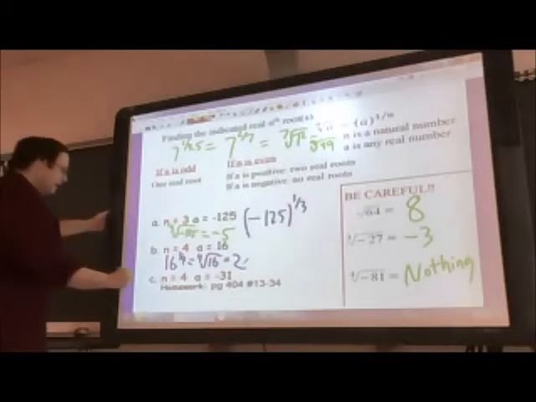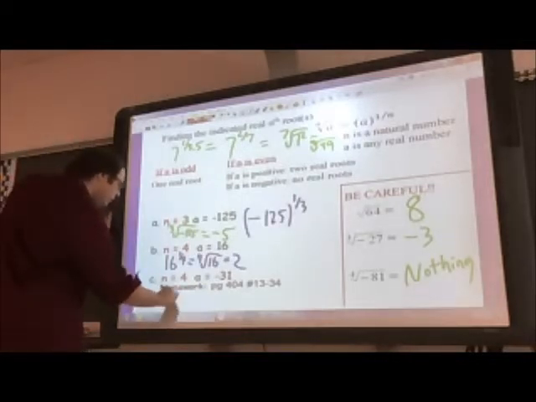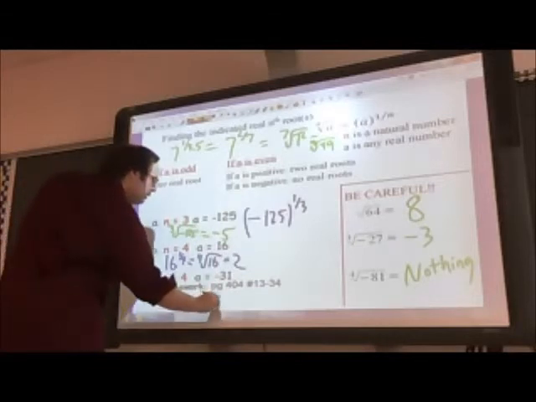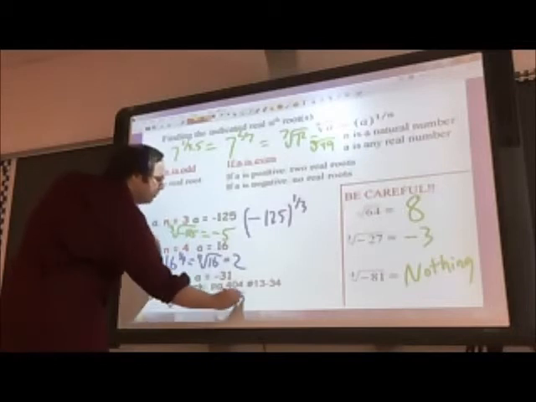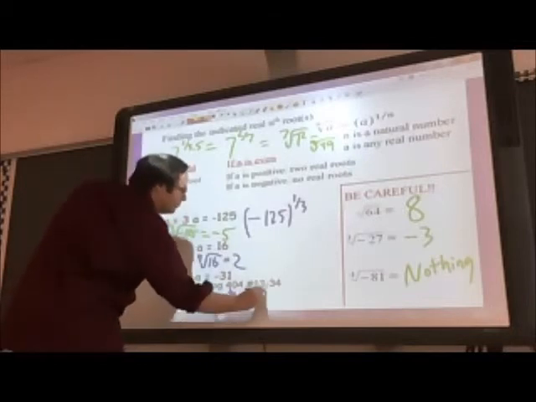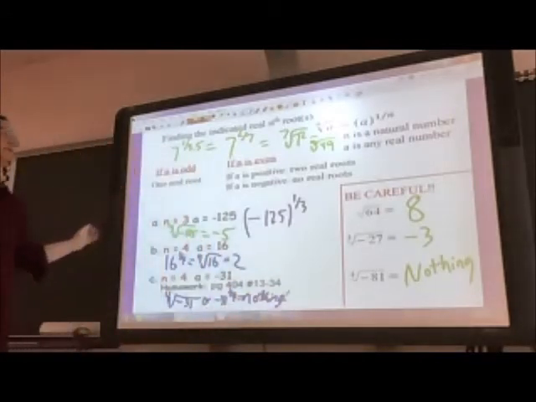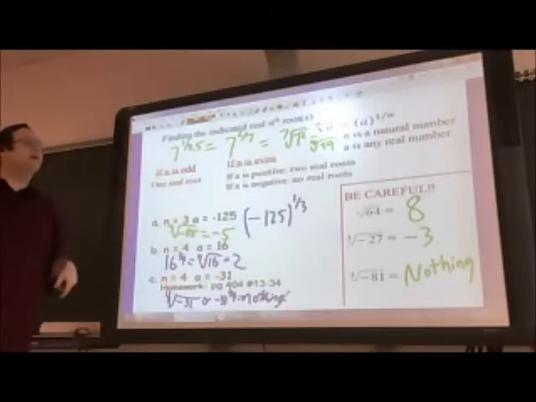Because this is the same as negative 31 to the 1/4, which equals nothing. This has no real roots. That's what it means. If a is negative, no real roots.